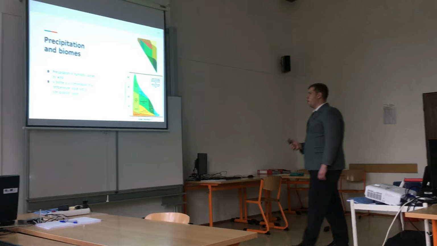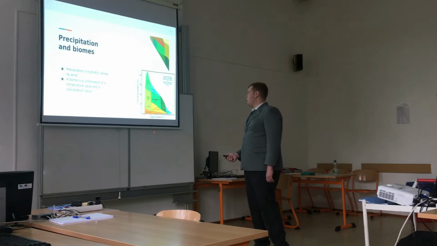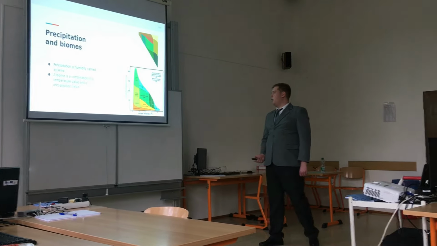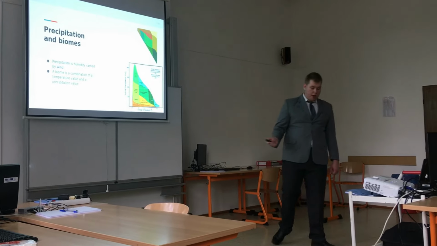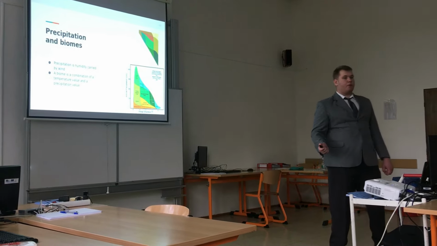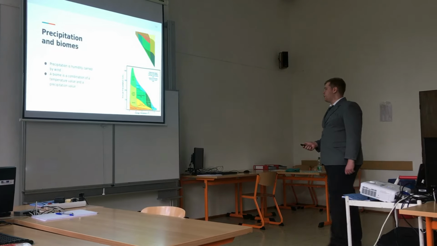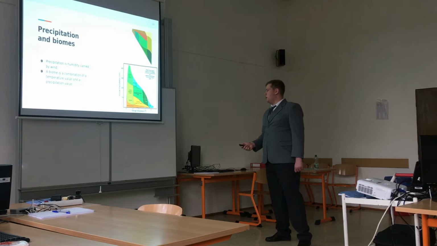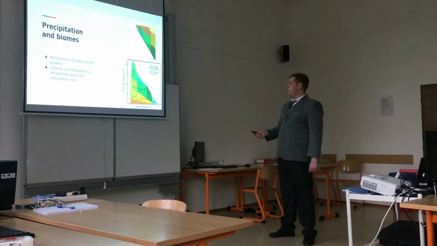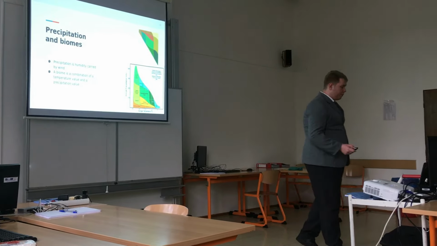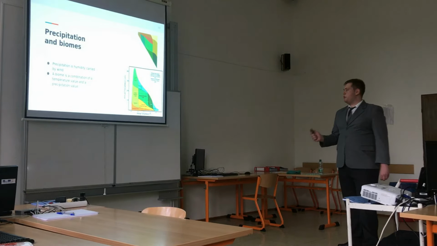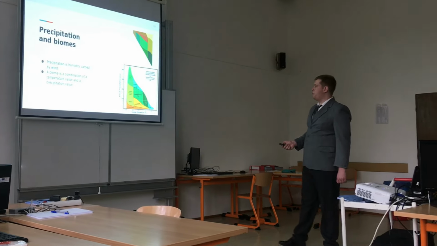So, now we have precipitation, and we have this graph. It shows us how biomes are distributed. This means here is temperature, here is precipitation. So, the type of biome depends on precipitation and temperature, and we have both.